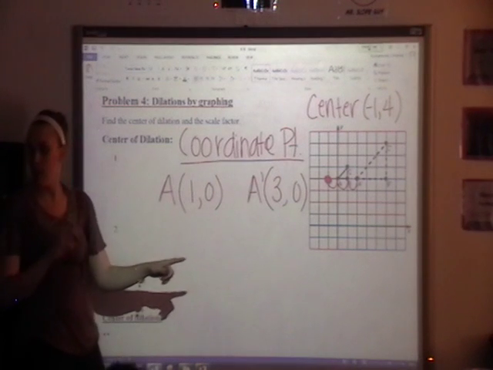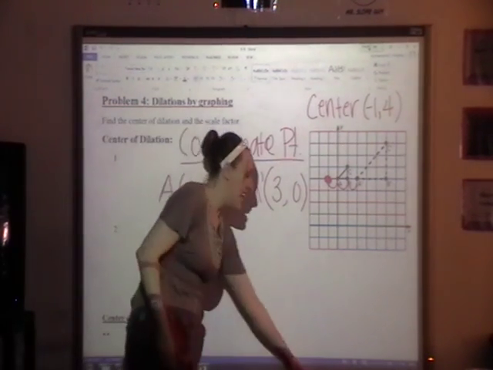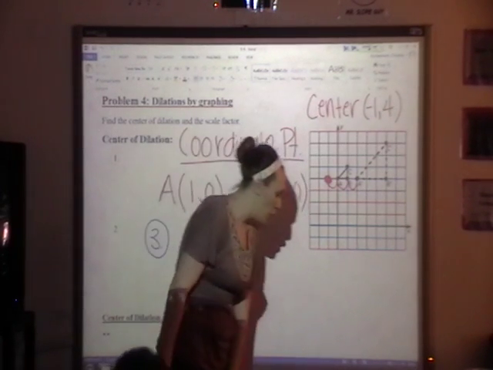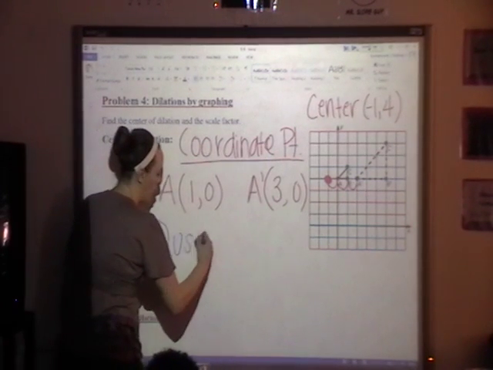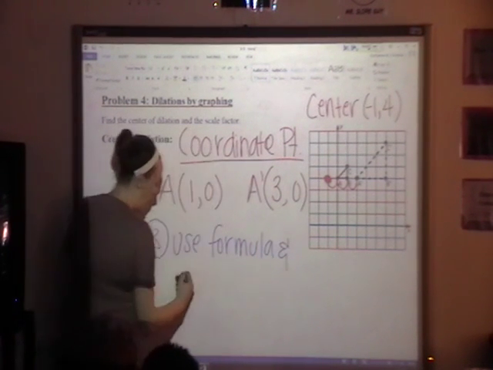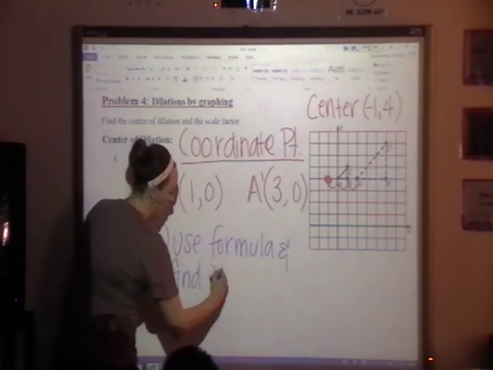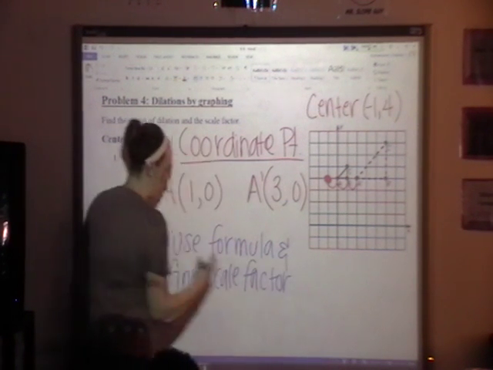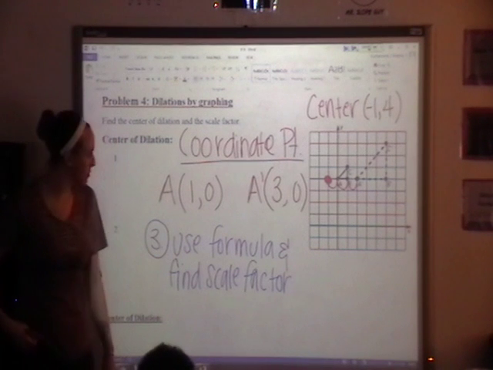Is the scale factor 1.5? So the last step, your third step, use formula and find scale factor. The last step for coordinate? Number 3. Yep, number 3.